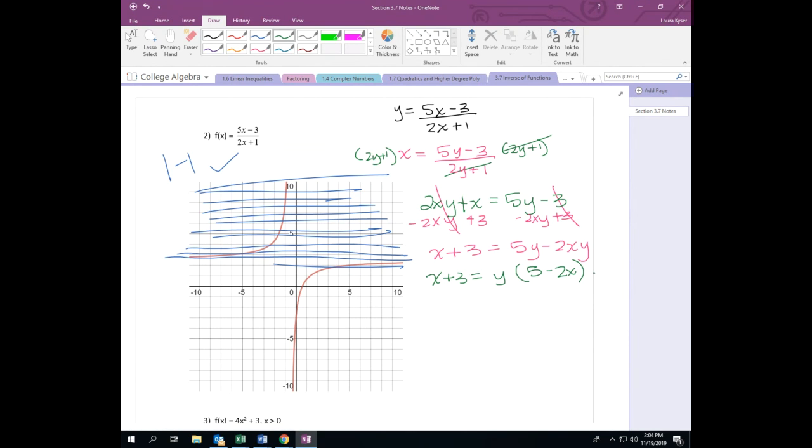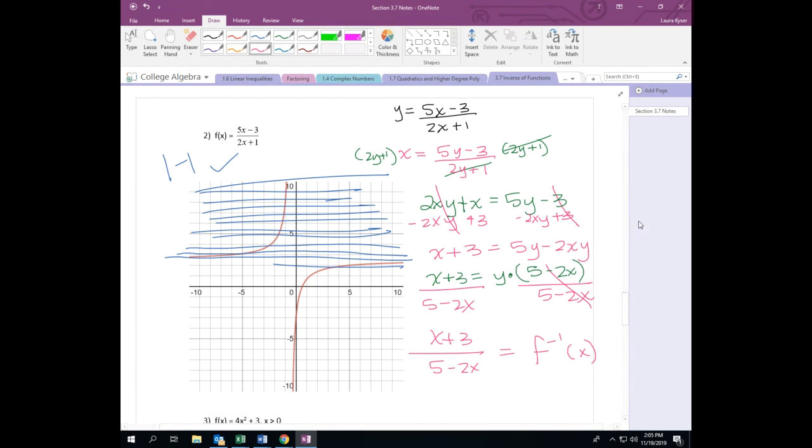Now that y is by itself, I can isolate it by doing the opposite operation here. This is multiplication. Let's divide it out. Divide both sides by 5 minus 2x. And there's your y. x plus 3 over 5 minus 2x equals f inverse.